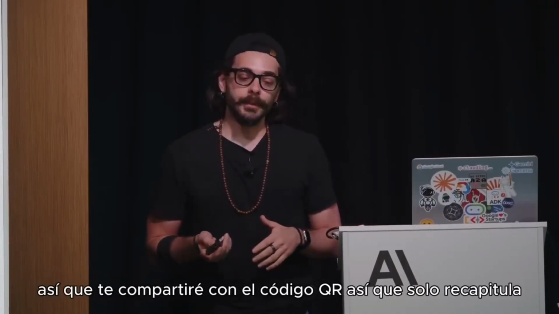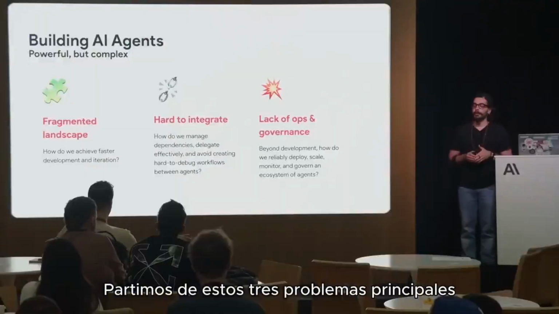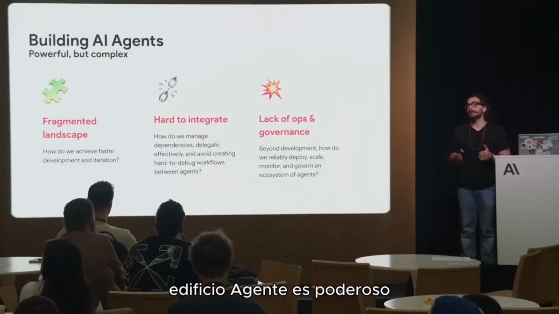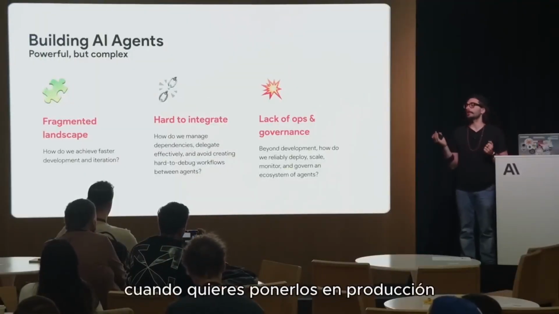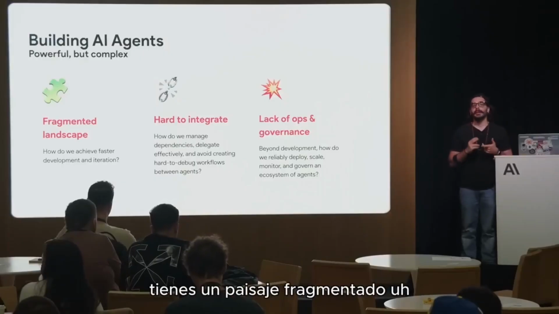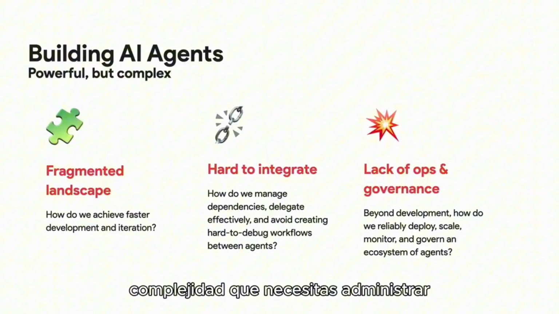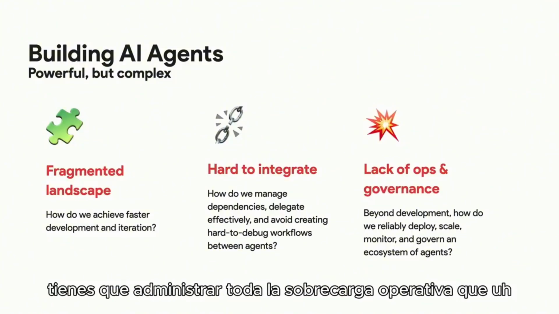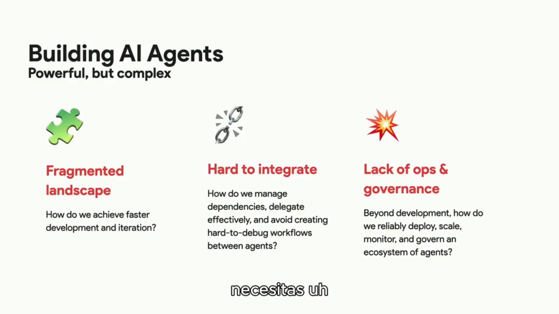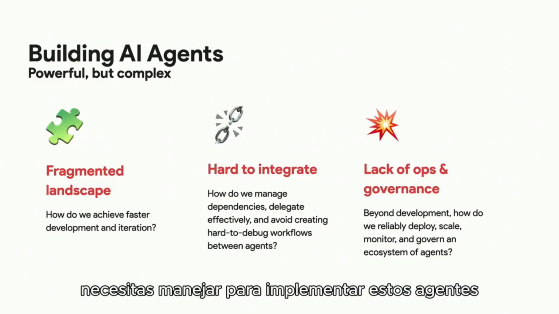So, just to recap, we started from these three main problems, right? Building agents is powerful, but there are several challenges when you want to put them in production. You have a fragmented landscape. There is integration complexity that you need to manage. And even if you're capable of fixing this, you have to manage all the operational overhead that you need to handle in order to deploy these agents.